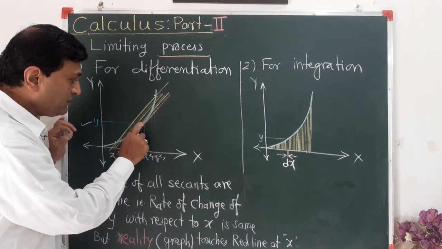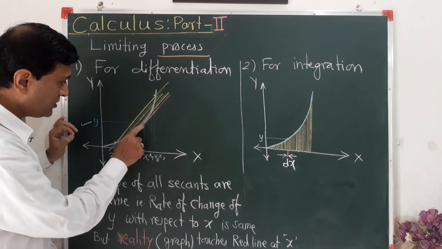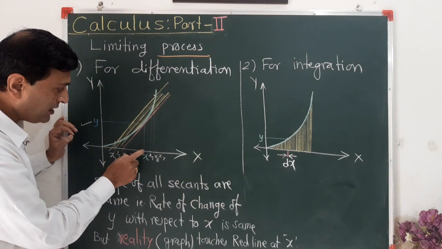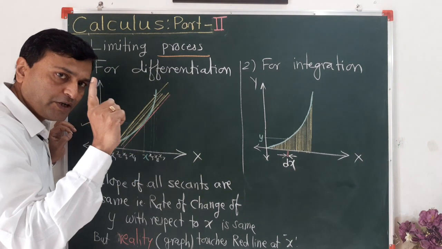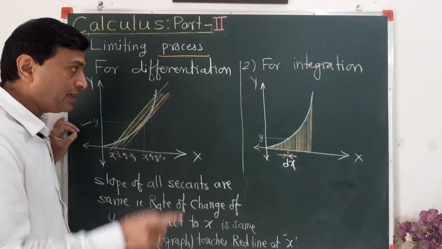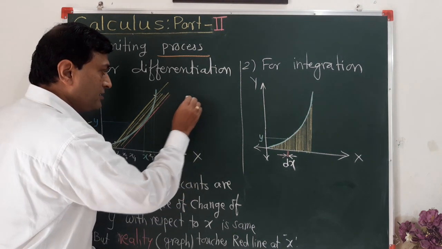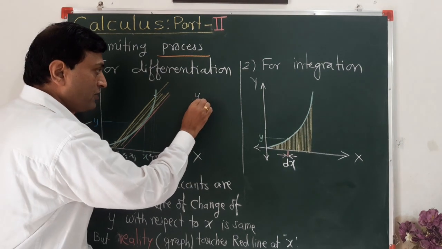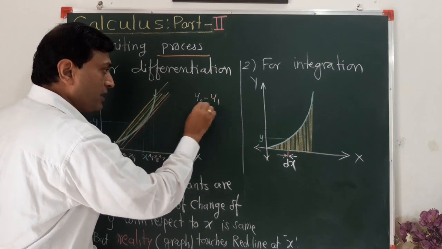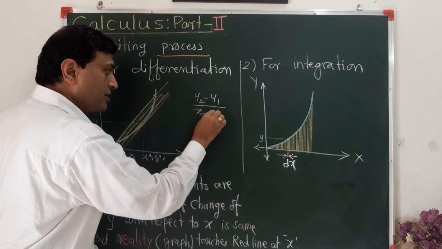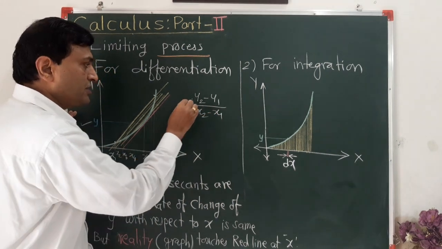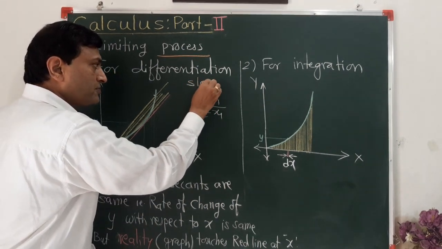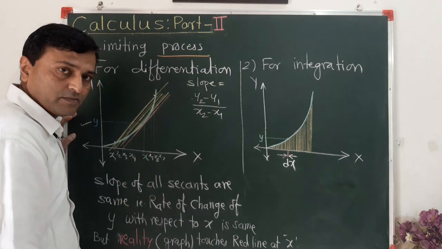You got speed at this point, at a particular point, and it is represented as, suppose it is speed and this is distance. Otherwise the general format will be y2 minus y1 upon x2 minus x1. This is called slope.